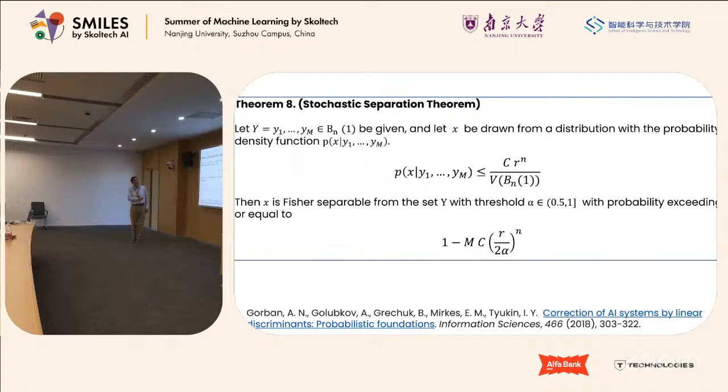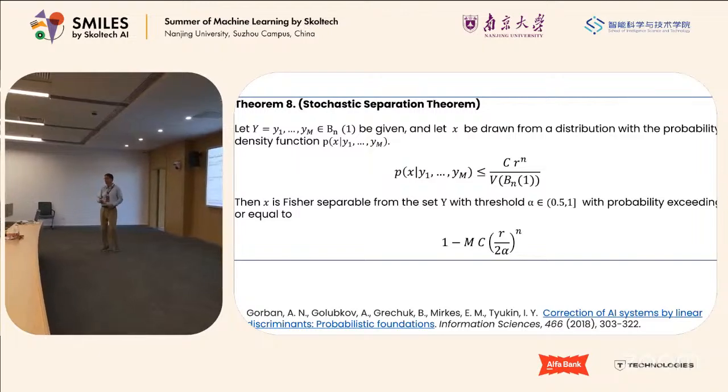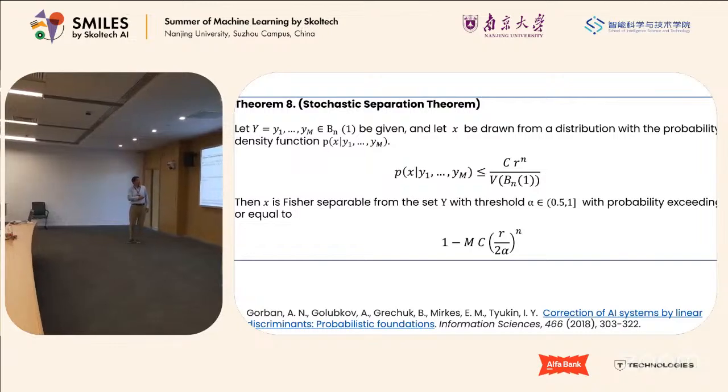Pick an r from 0 to 2, and bound this density by this number. If you have an equidistribution in a ball, this condition will hold true. So I draw a point from an equidistribution in a ball. Now, I claim that x, the point which I drew at random, will be Fisher separable from the entire set y, which I don't know and have no access to, with this probability.